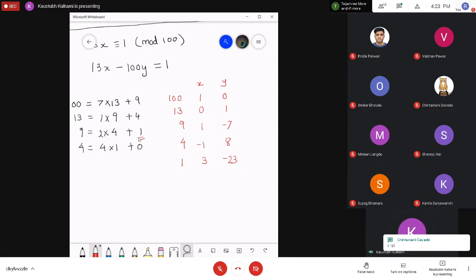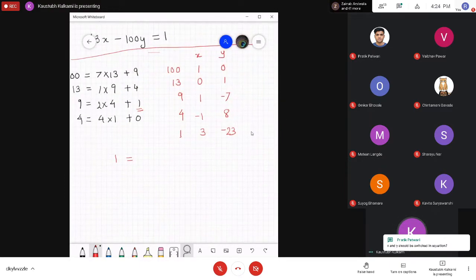Okay, so what we conclude from this is 1 is equal to 100. Okay, just focus on this part.